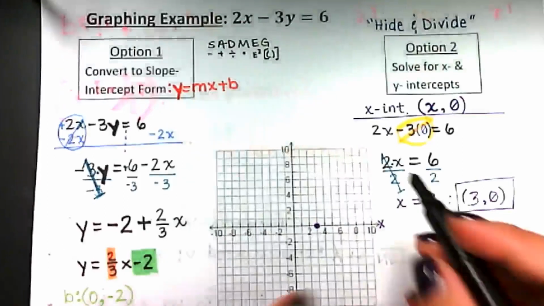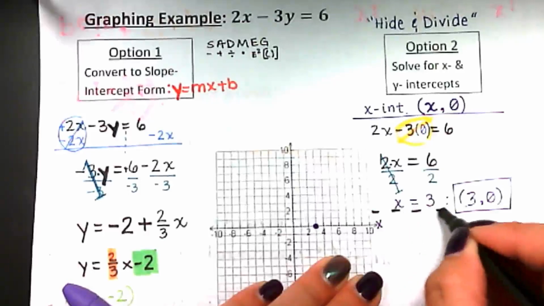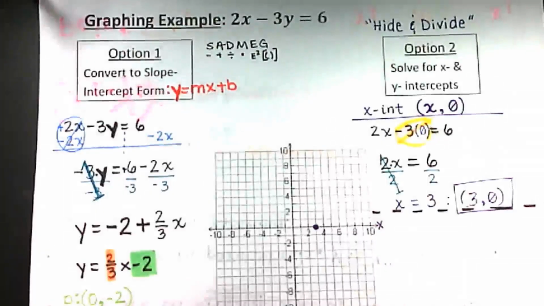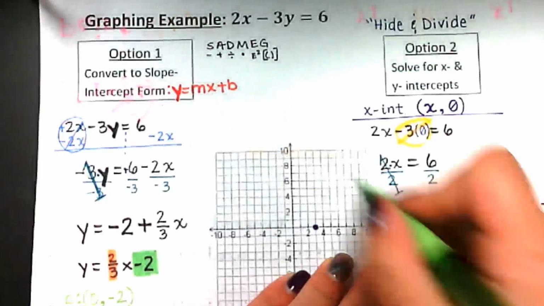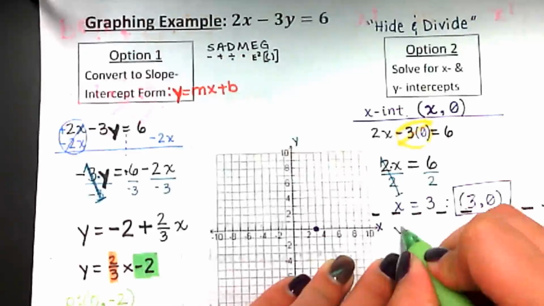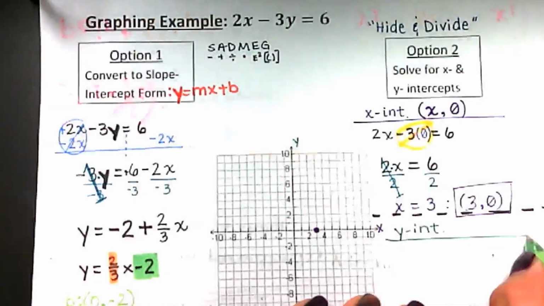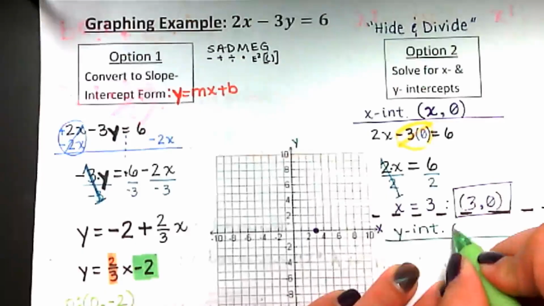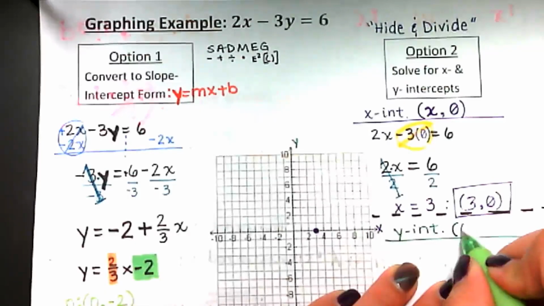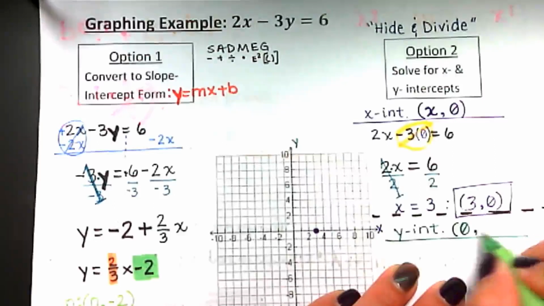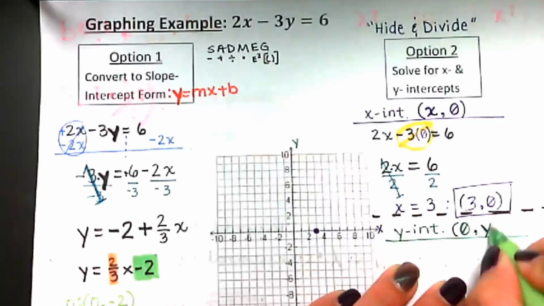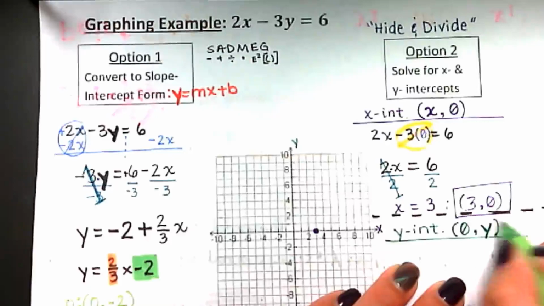If I were to do the same thing, and now this time we're going to find my y-intercept. Remember, a y-intercept would look like, that's the y-axis, parentheses, the opposite, 0, comma, and the y value.